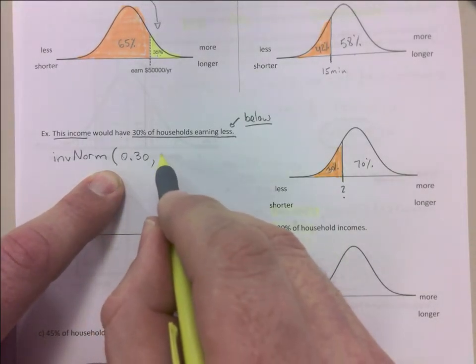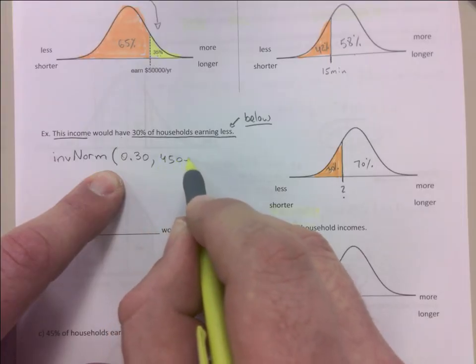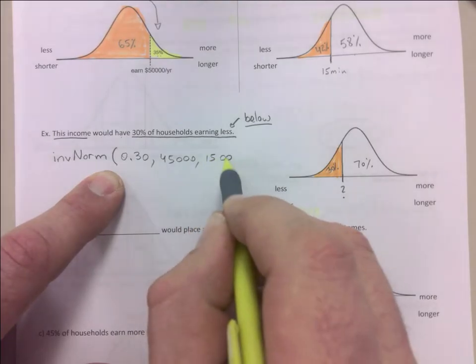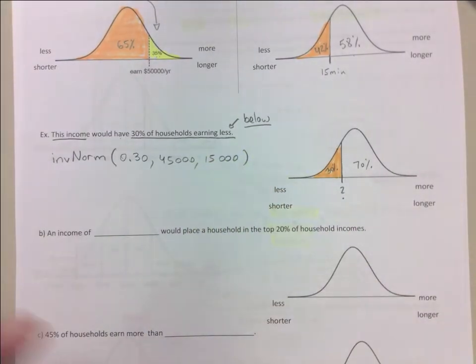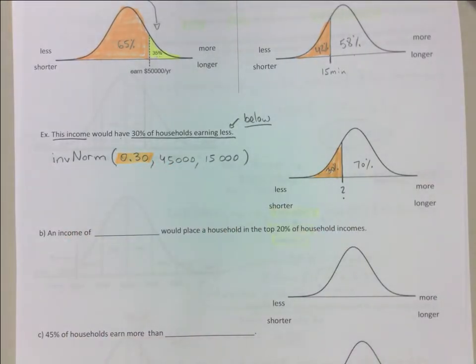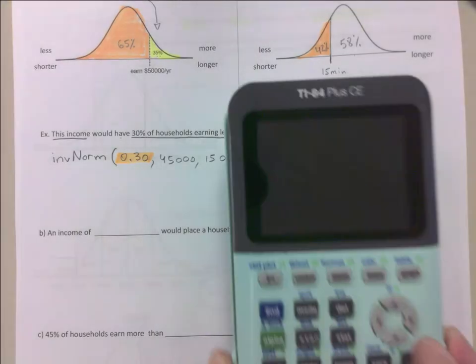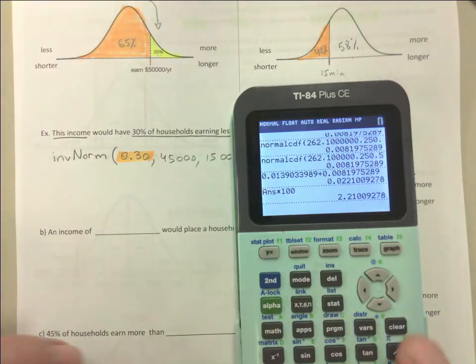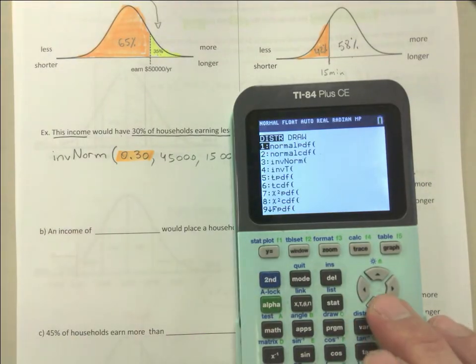And then the average is still the same as before. 45,000, 15,000. I'm going to highlight this orange or whatever color you're using to highlight the left. And so let's figure it out here. I go second vars, and then you go inverse norm.